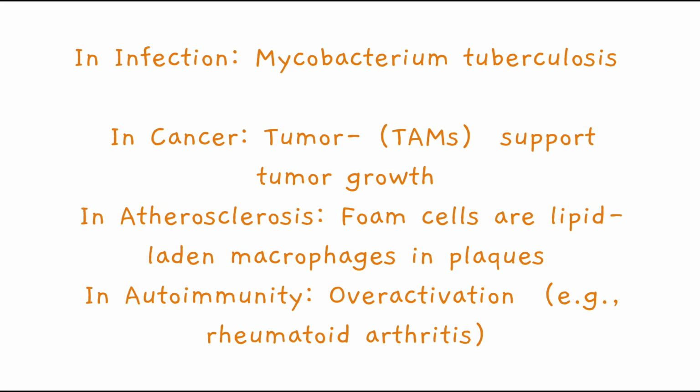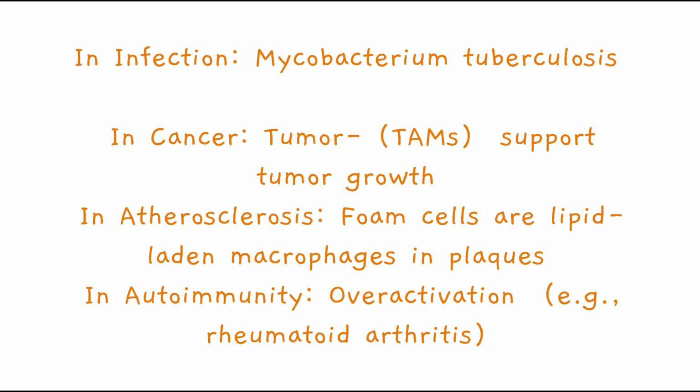Then in various diseases it is important, like infection and cancer. In infection, it kills bacteria like Mycobacterium tuberculosis. In cancer, tumor associated macrophages, TAMs, may support tumor growth, being M2-like. Then in atherosclerosis, they form foam cells, which are lipid-laden macrophages in the plaques.